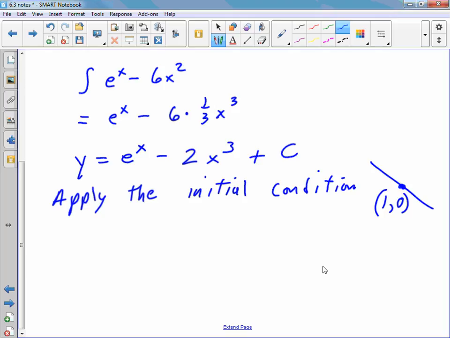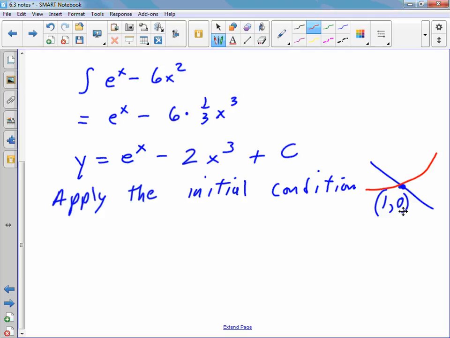Okay, apply the initial condition. So applying the initial condition, who haven't I picked on yet? Anna. It's okay. Let's just look at this. This is just way back when algebra. We have a point here, (1, 0), which we know our graph goes through. And we're not sure what our graph looks like, but it doesn't matter. It might be that, it might be this, but it goes through (1, 0). We know that. Exactly. We can just plug it in.